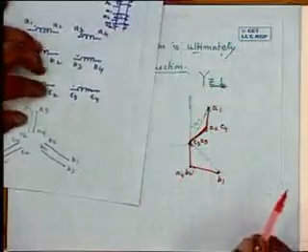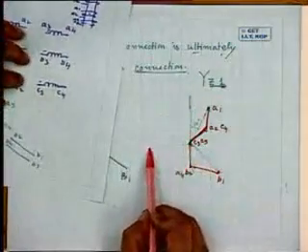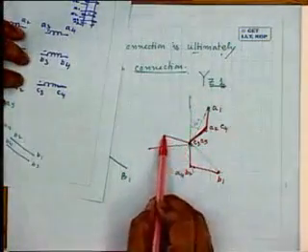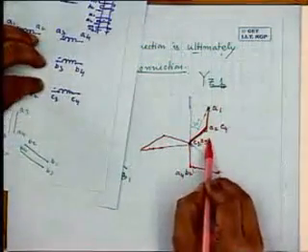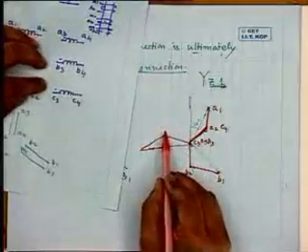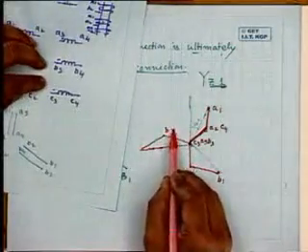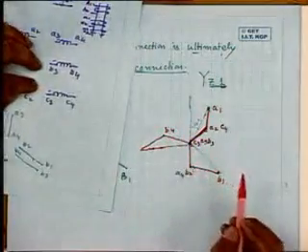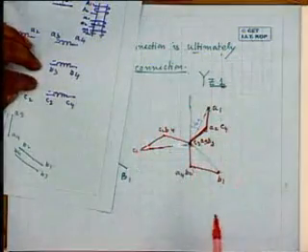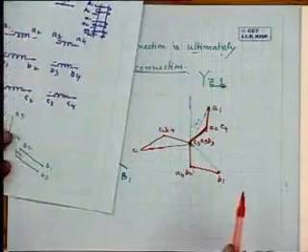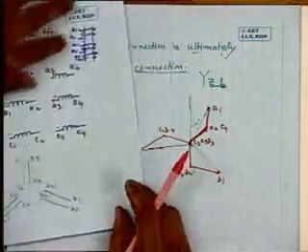A1, A2 I have already used. So it will come A3, A4. And lastly, this one can be thought of as this way. And this will be, it can be shown B3, B4. And this will be C1, C2.